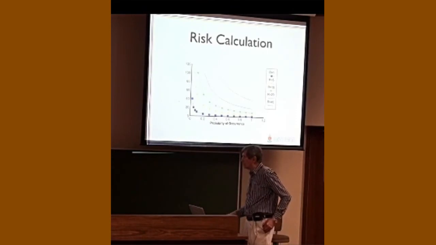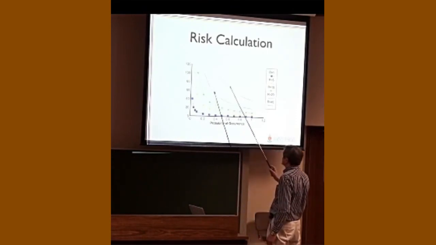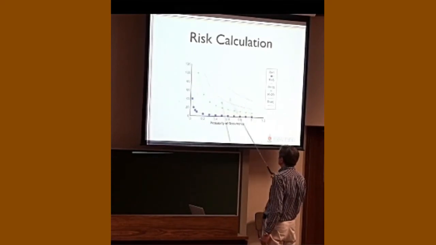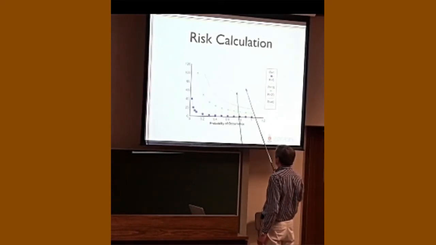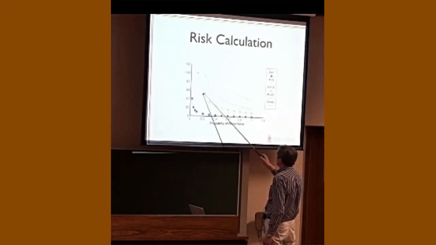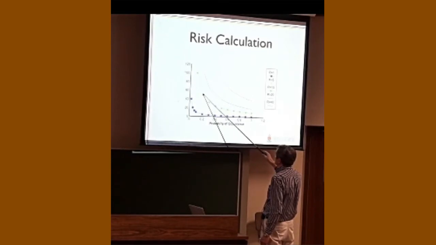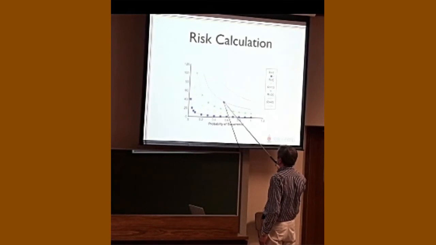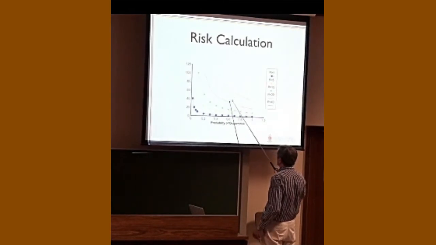So if I plot a risk there, let's say I have a risk that sits there and I have another risk that sits here. If I don't have the ISO risk lines, then I won't know how that risk compares to that risk. But if I have the ISO risk lines, I can see that this risk is between the second and third ISO risk line, whereas this one is between the fourth and the fifth ISO risk line.